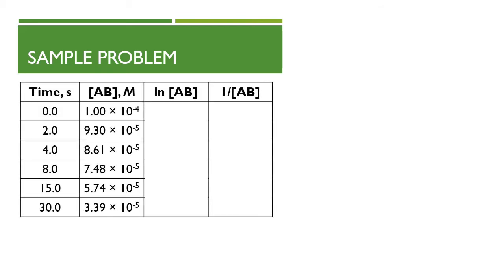We have in here the data that was given to us in the problem, and to determine if it is first order, we have to first compute the ln of the concentration at each given time. For 0 seconds, we take the natural logarithm ln of the concentration 1 times 10 to the negative 4.